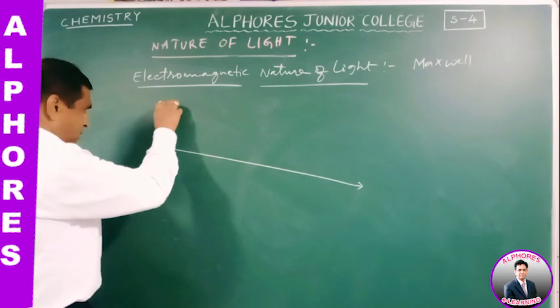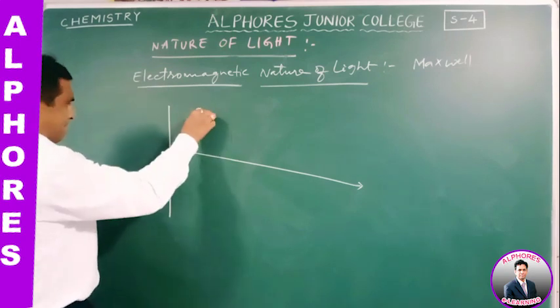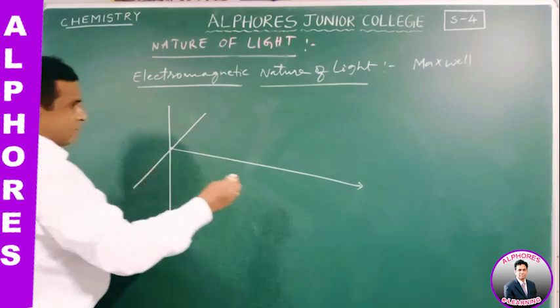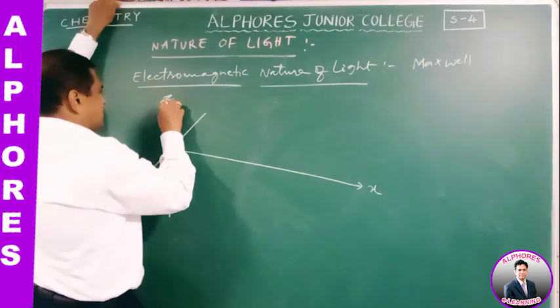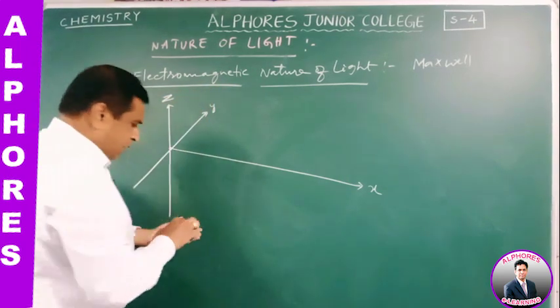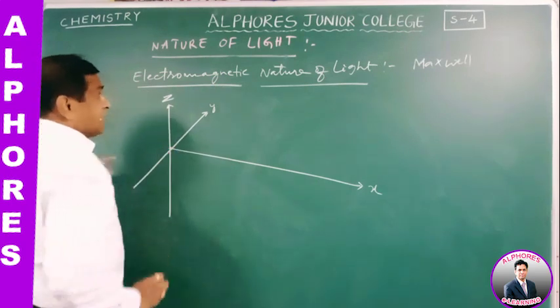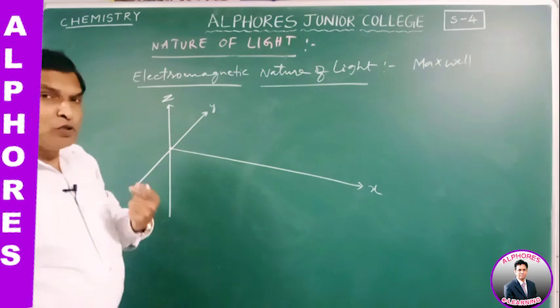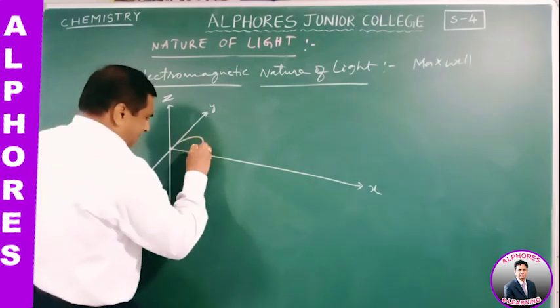Say this is the x-axis, z-axis, y-axis. According to Maxwell, the electromagnetic light is made up of two component waves.